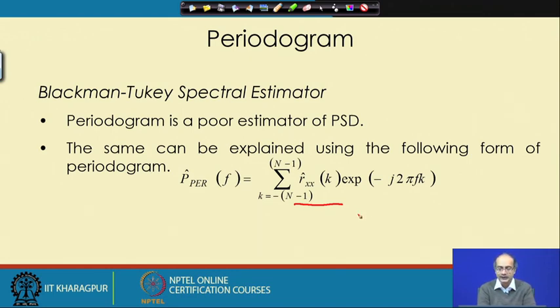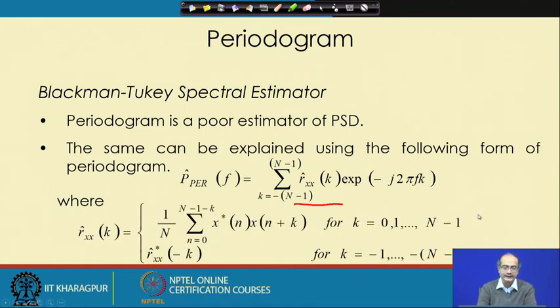We are taking the Fourier transform of the estimated autocorrelation sequence to get the estimate of the PSD. So, that is the source of the problem, where here is the expression of the autocorrelation function.